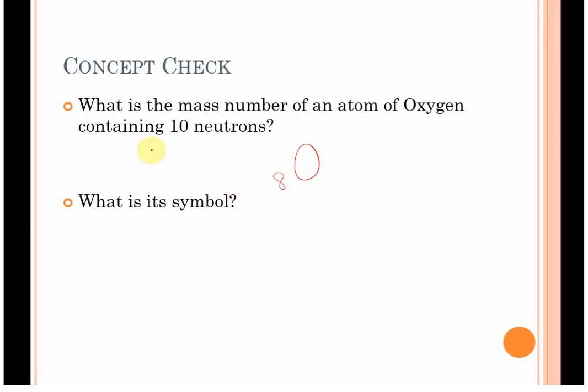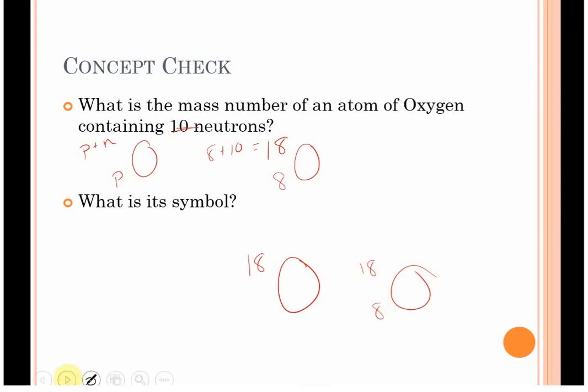So this is our protons, and this is protons plus neutrons. We know we have 8 protons and we have 10 neutrons, so this should be 18. And so we should have oxygen-18, or you could write it as oxygen-18 with the atomic number on the bottom. Either way is acceptable.